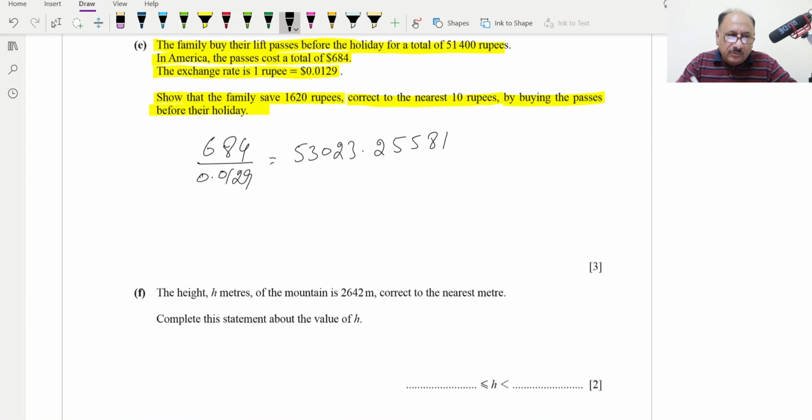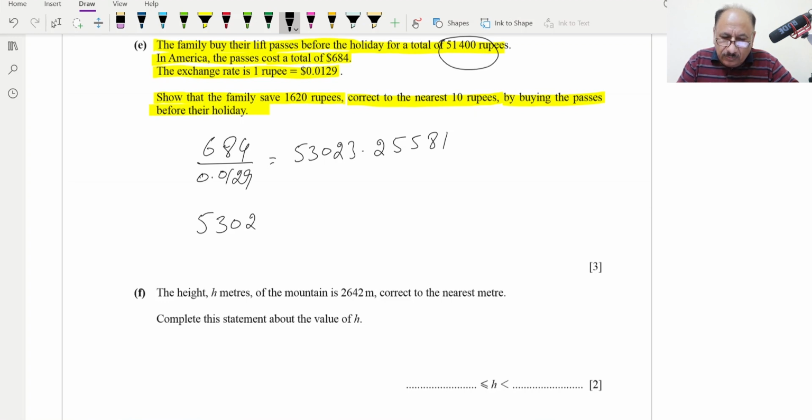I have copied the calculator numbers, and this one is the total of this one, 51,400 basically. So we will subtract and check.